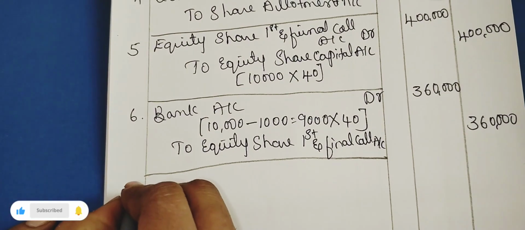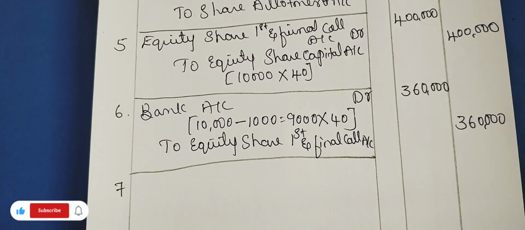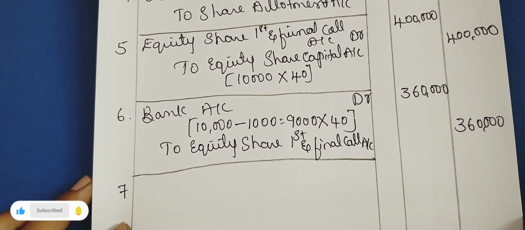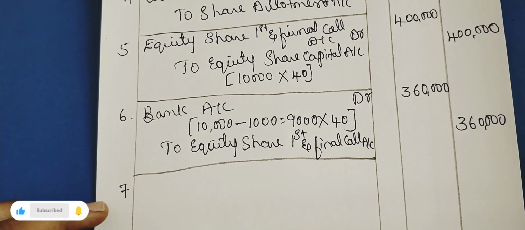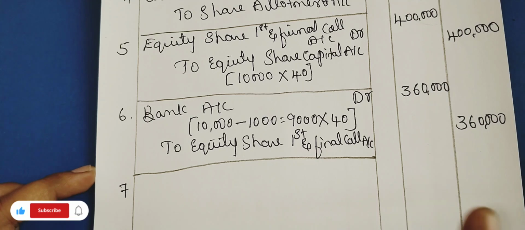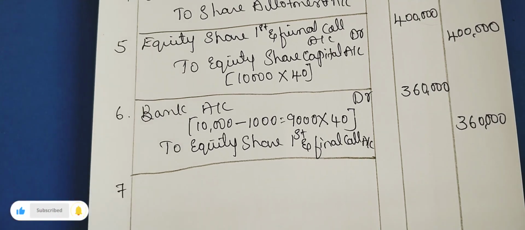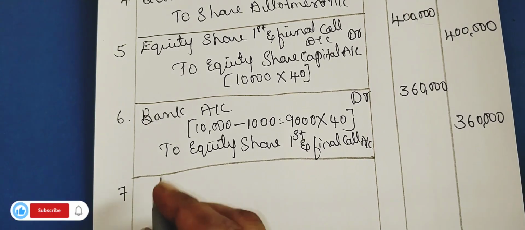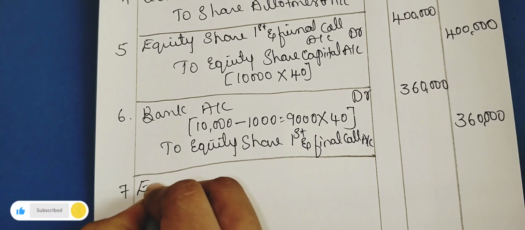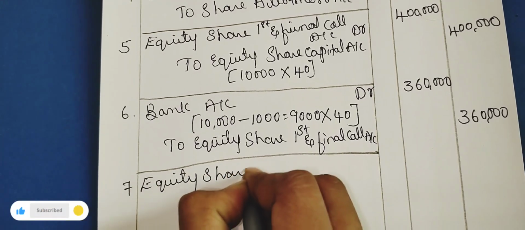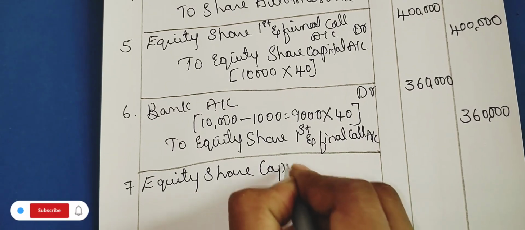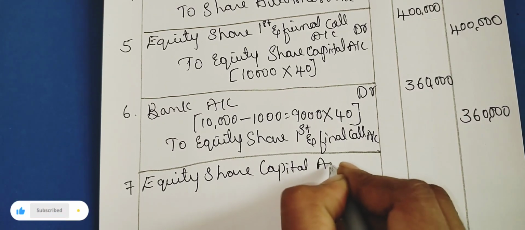Next, now we are passing the entries for the forfeited shares. First we should know how many shares are forfeited, that is non-payment of the shares. For that we are passing the entry: equity share capital account debtor.